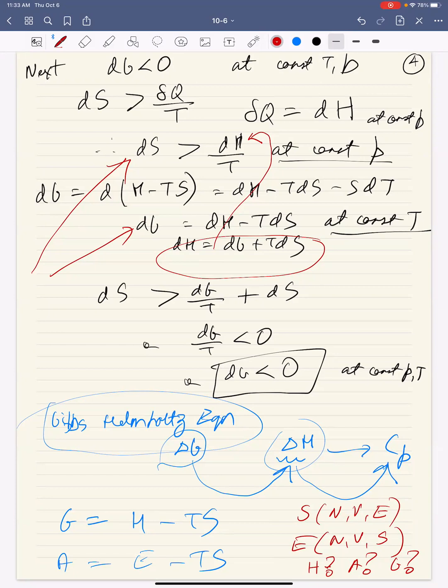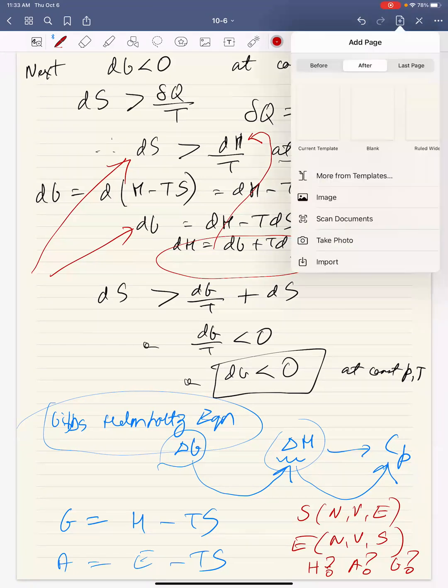We'll start with G. It's just going to be some very boring and simple algebra, but it will fall out immediately. So natural variables for G. We know G is equal to H minus TS, right? dG is equal to dH minus TdS minus SdT.